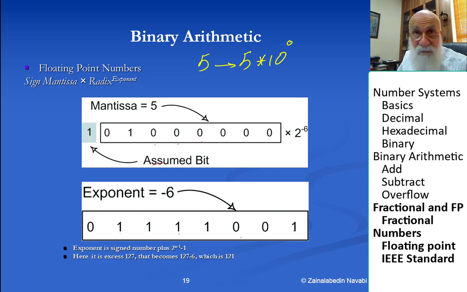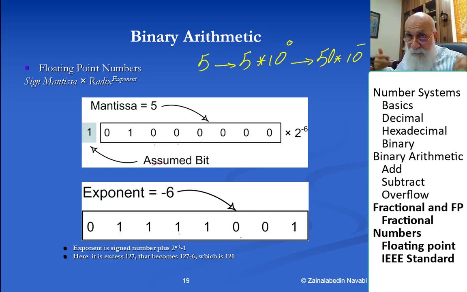And then 0 is the exponent. I can do, instead of this, 50 times 10 to minus 1, okay, which is the same thing.